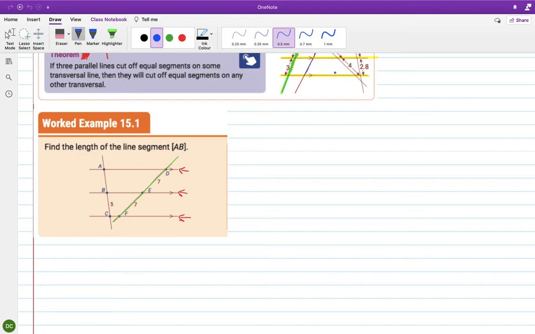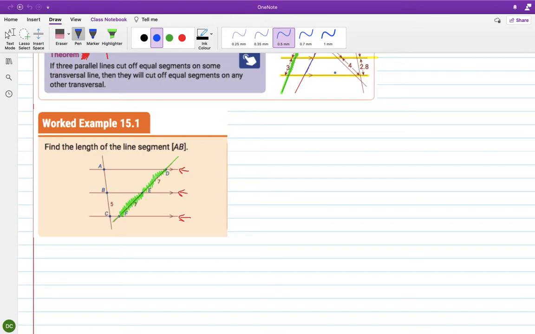And the question tells me that this bit down here, the bit at the bottom, from F to E, is 7 units in length. And it tells me that the bit from E to D is also 7 units in length.